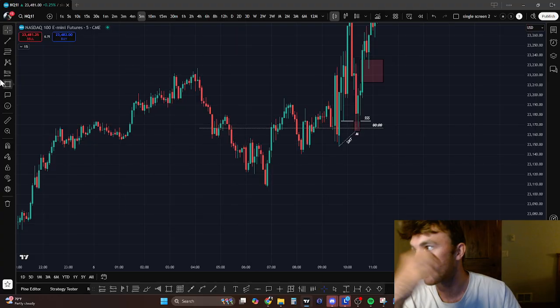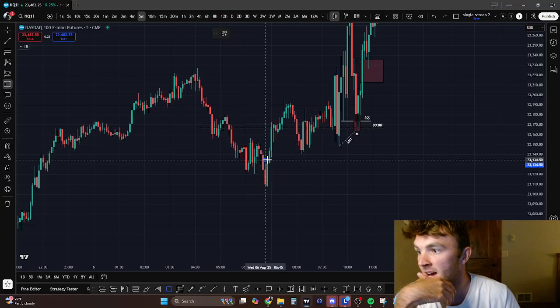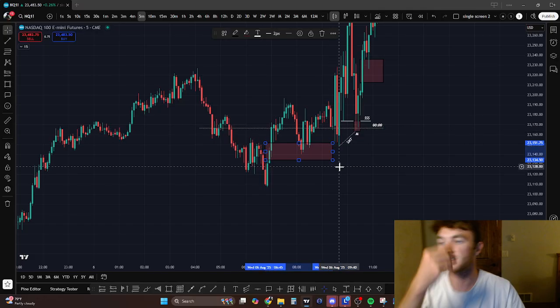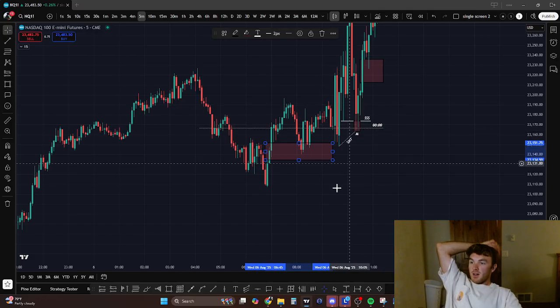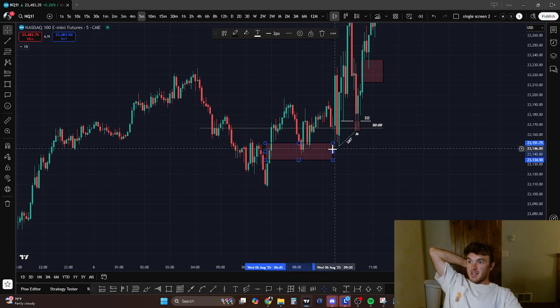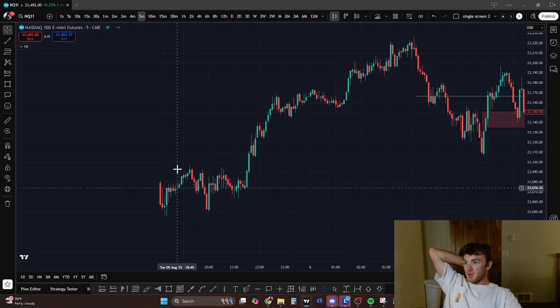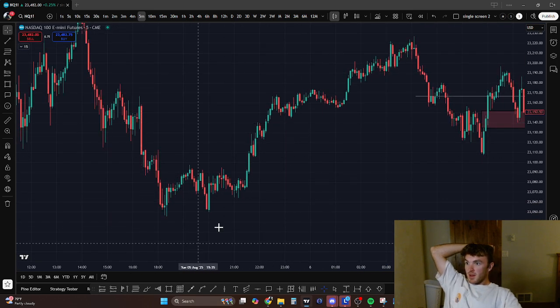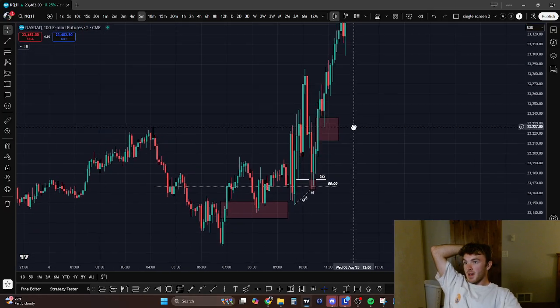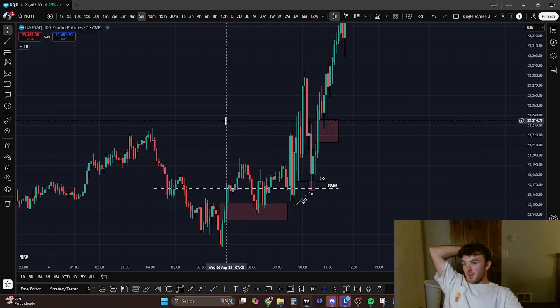Which way are we holding fair value gaps? Because that is the signature that the market is going to respect for whatever the bias is going to be. So pay attention to what lows we are sweeping, what fair value gaps we are holding. Holding this fair value gap, holding this fair value gap, the market's bullish.